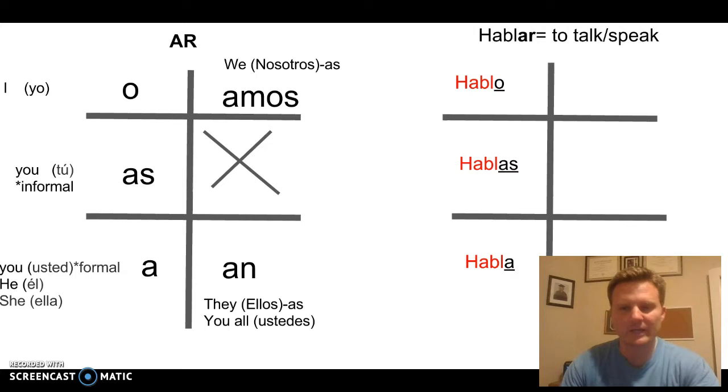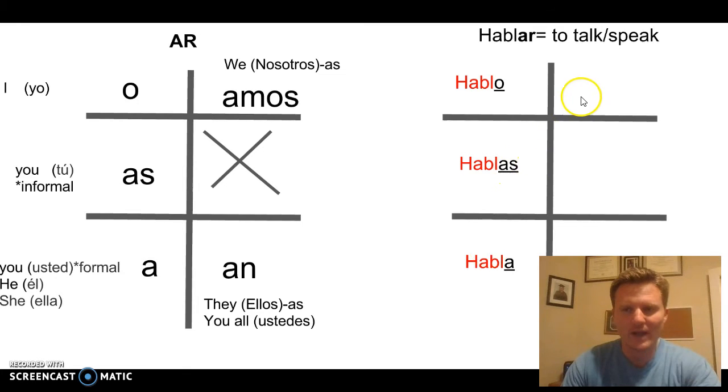Use this when you're talking to older people or people you don't know. It's to show respect. And then moving down, habla can also mean he, okay? Él habla, which means he talks or speaks. And it can also mean she or ella. Ella habla. She speaks or she talks.